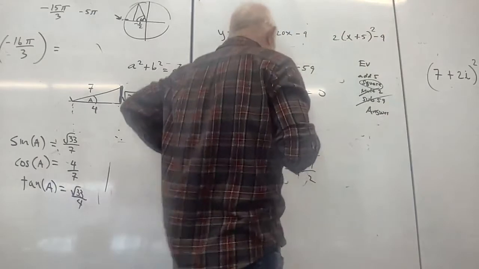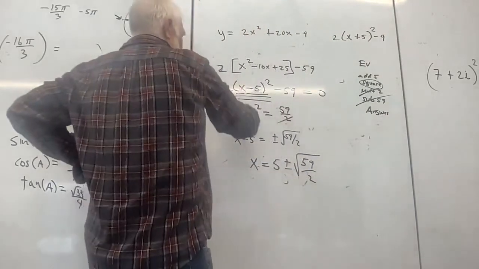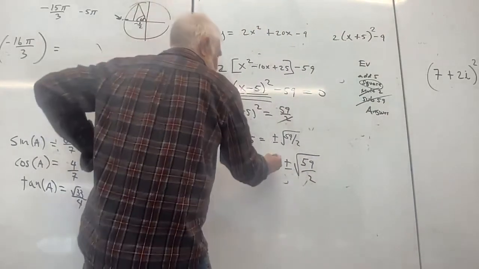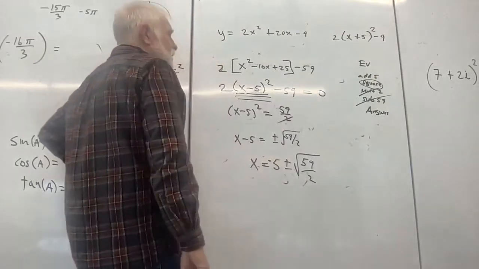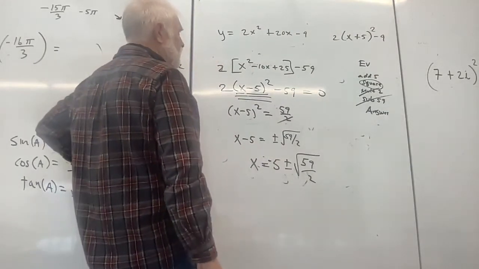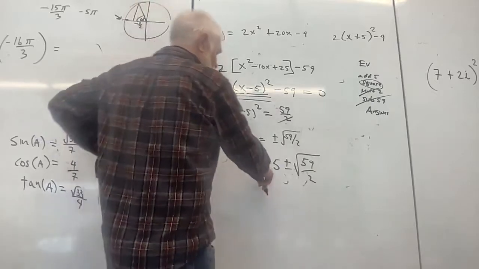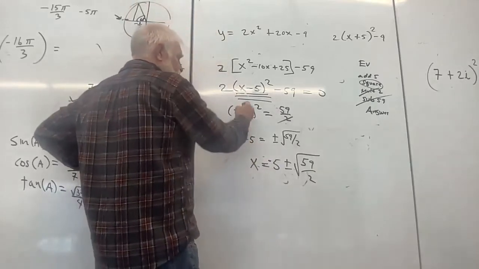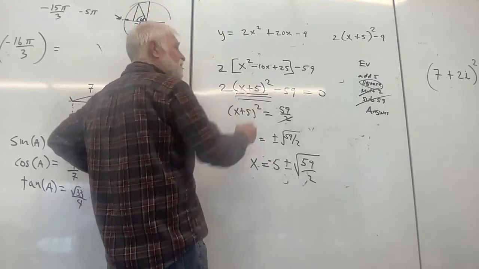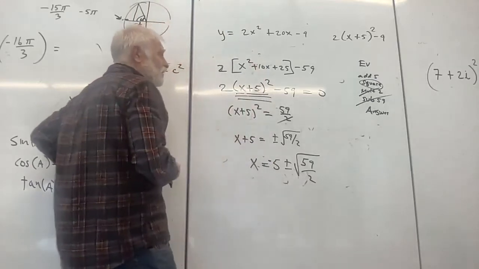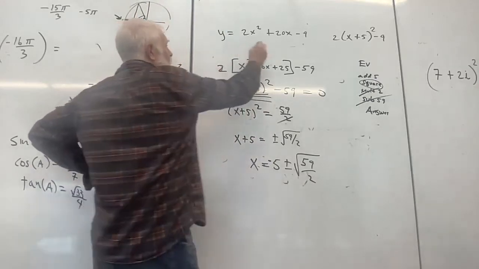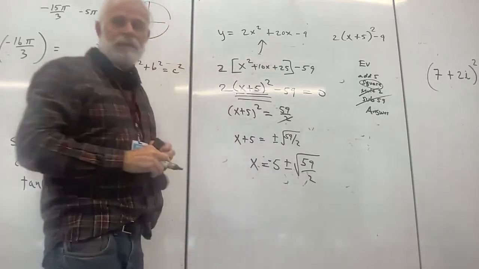I should have written +5 when I was doing this work here, which means this should have been -5. Okay, so I made a dumb mistake somewhere. So that should have been -5, which makes this +5, which makes that +5. I don't think it changes anything else. And now we have correctly gotten to that.